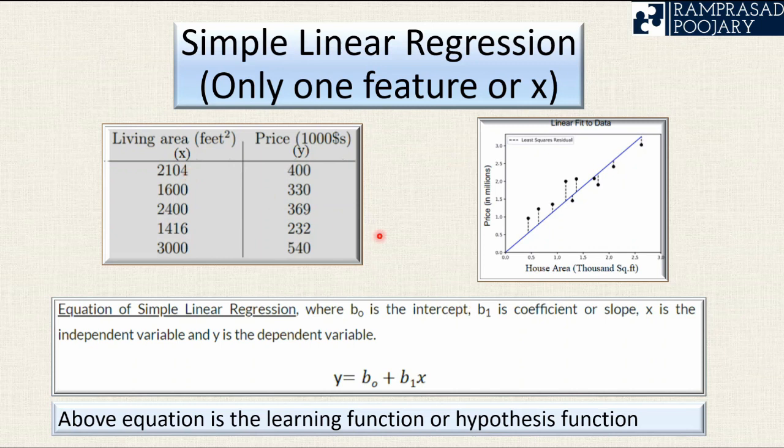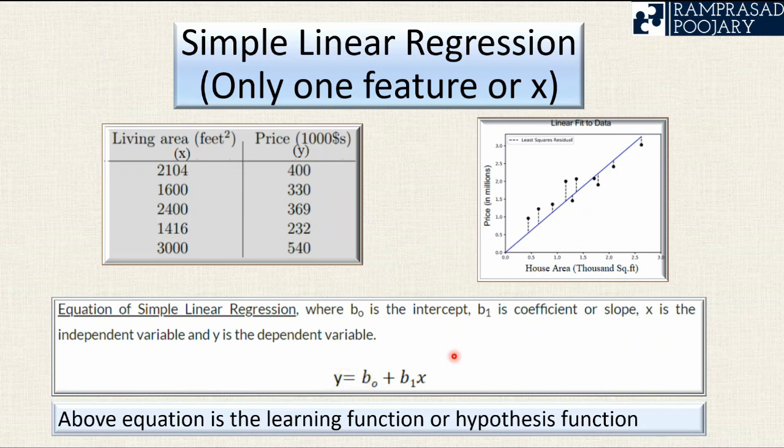Now if you look at this particular data set and plot the data points x versus y, you can see that it's almost linear. So we can fit a straight line here which captures the underlying data, and the straight line function which is given here is also called a learning function.